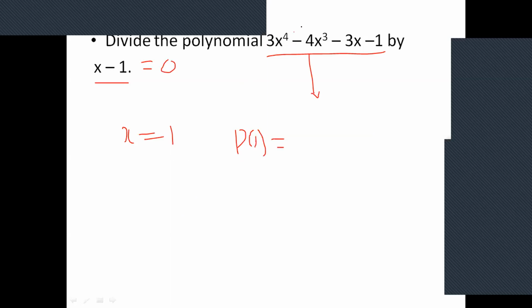This is p of x, so this has to be remembered. I have taken x is equal to 1. So when I do that, I get 3 minus 4, because 3 into 1 is 3, 4 into 1 is 4, and then here 3 again and minus 1. So here 3, if their answers are correct. I think most of you have sent.